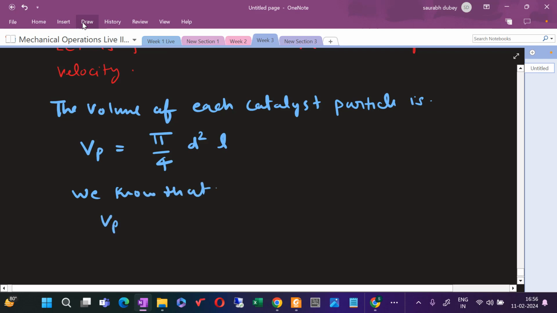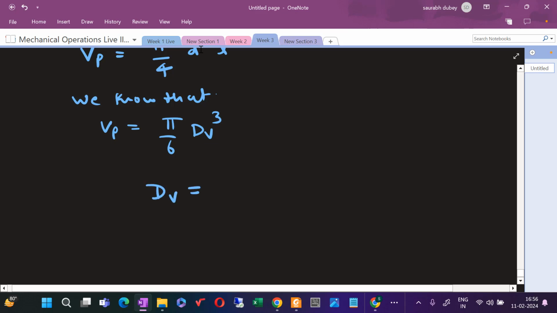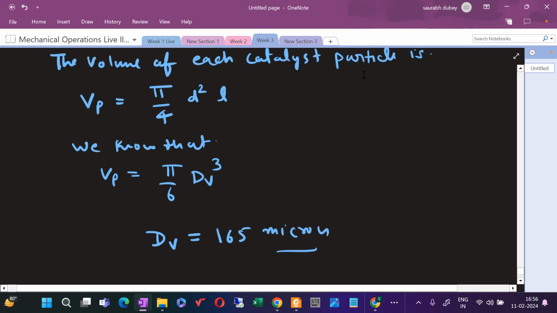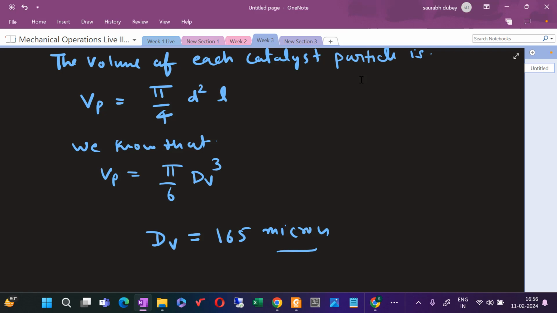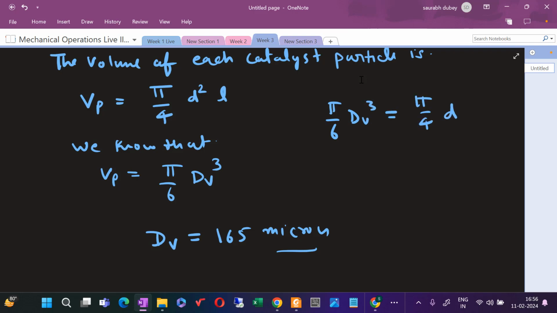Actually we are trying to compare it with a sphere. When you equate these two, you will get dv equals 165 micron. So the volume of the particle you equate with the equivalent sphere in order to get the equivalent diameter of the sphere that has the same volume as the particle.